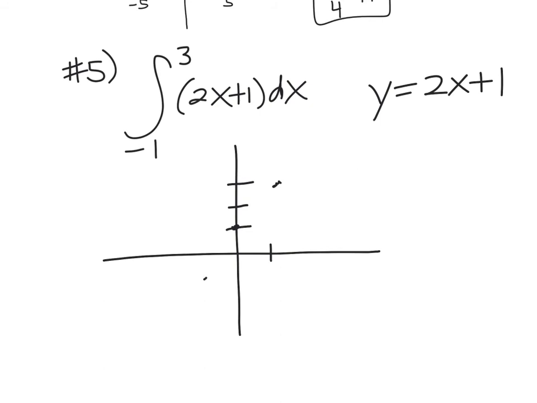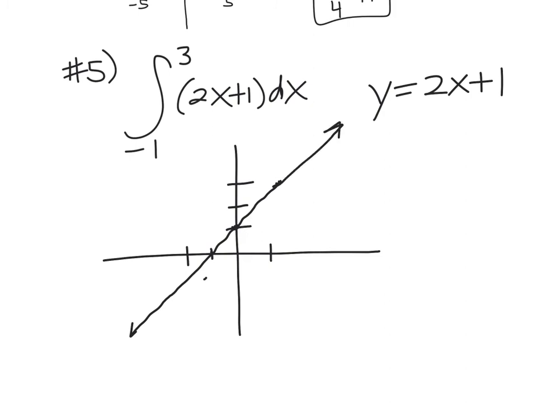What would this be? That's really bad. That's 1/2, isn't it? So at 1/2 it crosses there. Is that right? Yeah. When y is 0, x is -1/2.